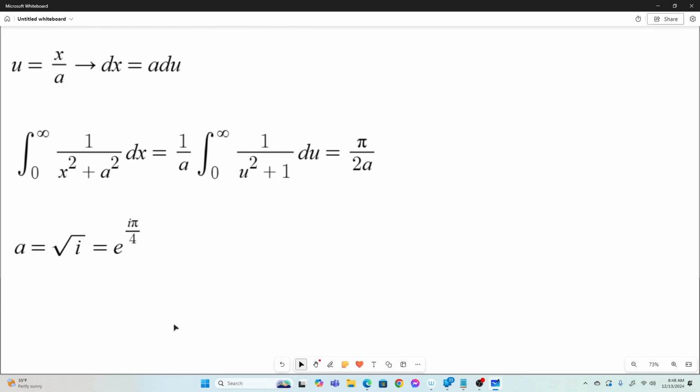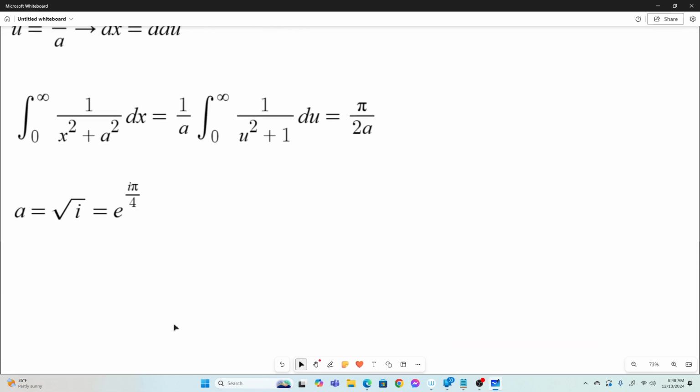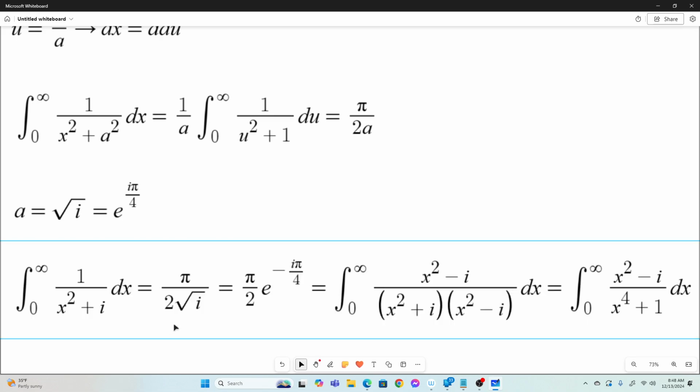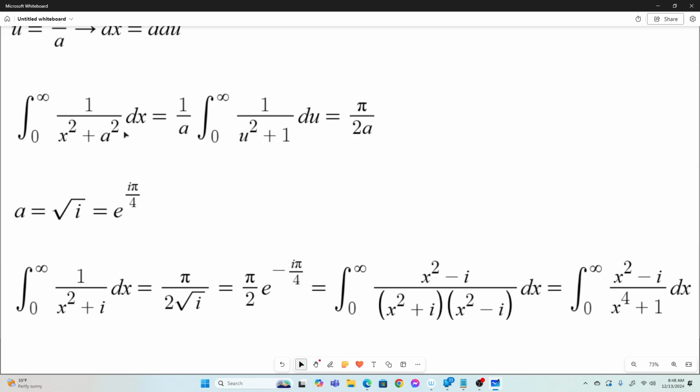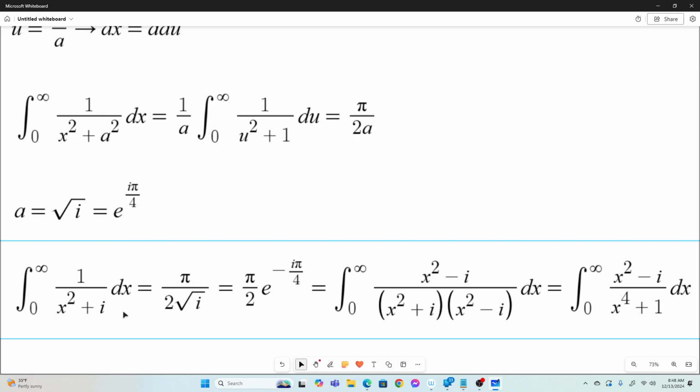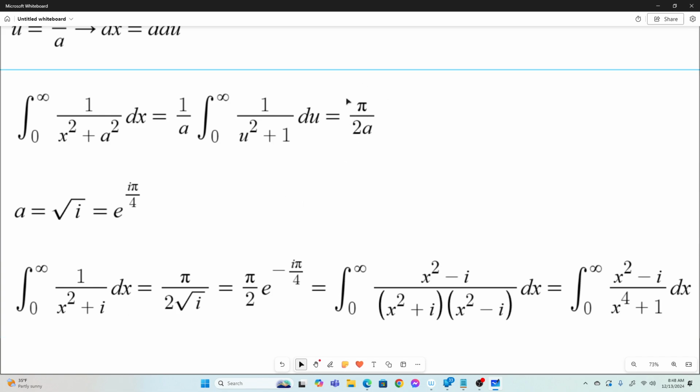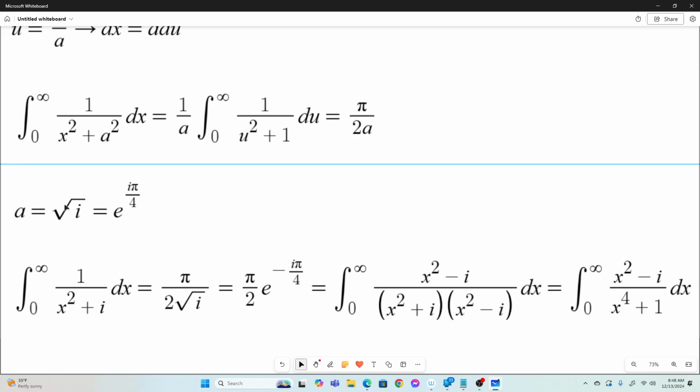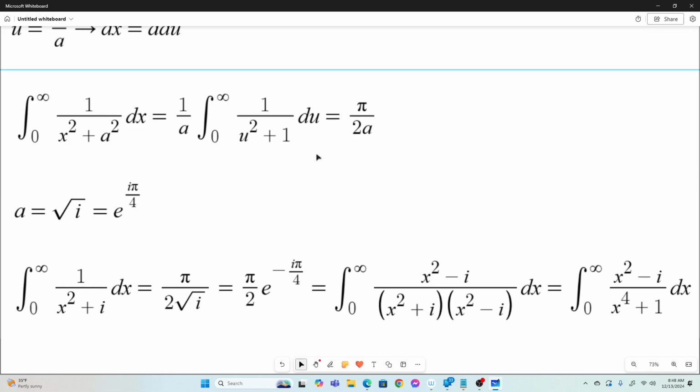So we plug that in to that integral up there, and we get that the integral from 0 to infinity of x squared plus i, if we plug in square root of i into a, we get square root of i squared, which is just i.